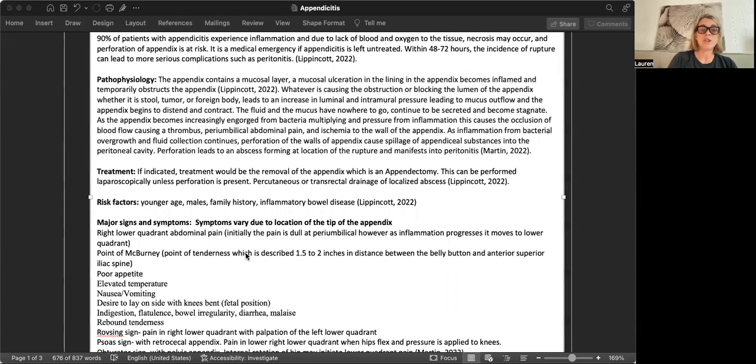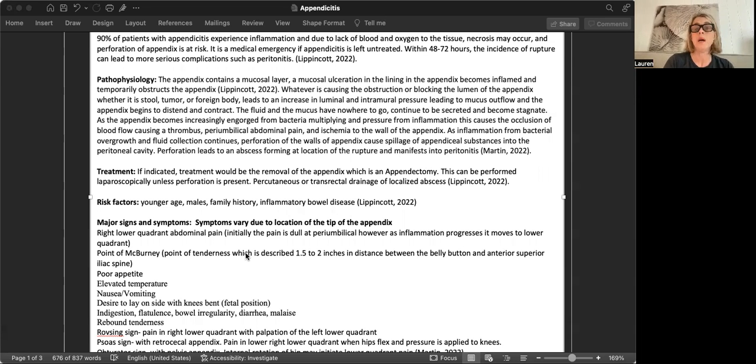The pathophysiology of appendicitis. The appendix contains a mucosal layer. There's an ulceration that happens within the lining of the mucosa, and the appendix becomes inflamed and temporarily obstructed. Whatever may be causing this obstruction of the lumen, whether it's stool, a tumor, or a foreign body, this is what increases the luminal and intramural pressure.